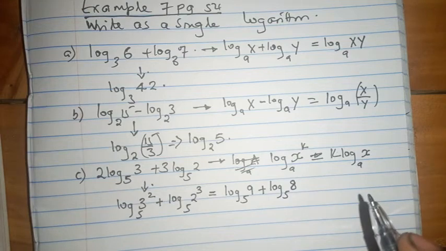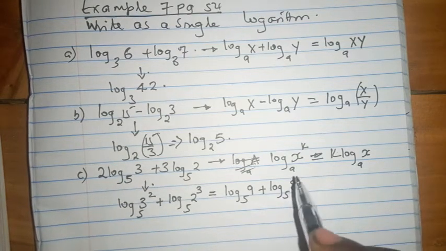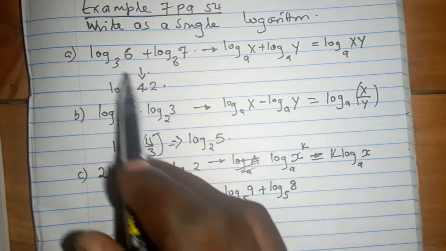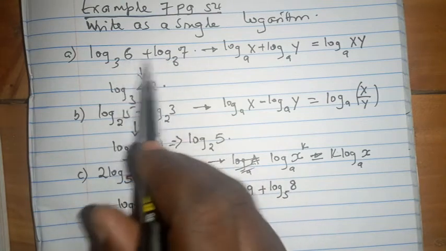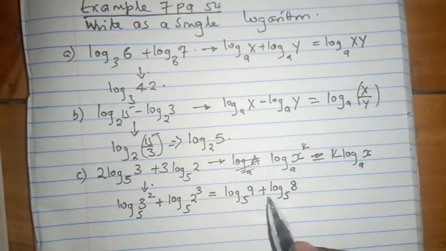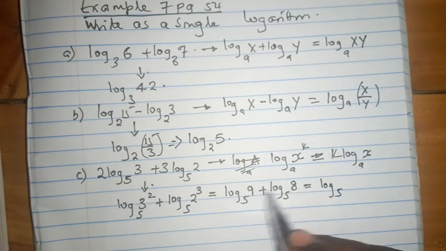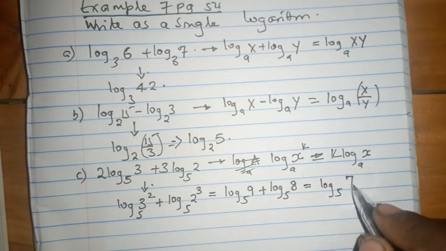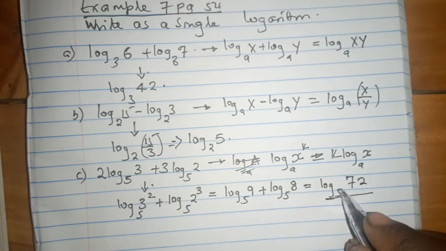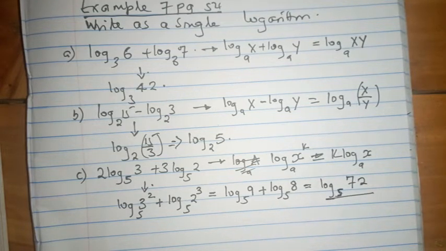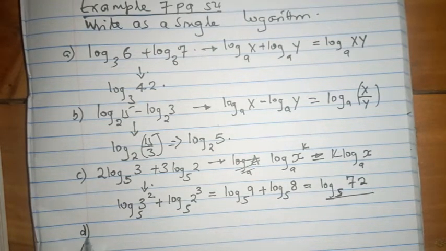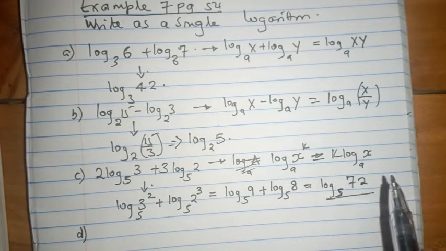This is eventually going to obey the first law of logarithms, because the base is the same and the logs are being added, which is log to base 5 of 9 times 8, which is 72. And that is the final answer in that particular case. If you look at part C, you should take great care because it has two levels.